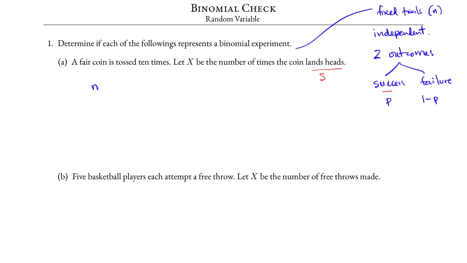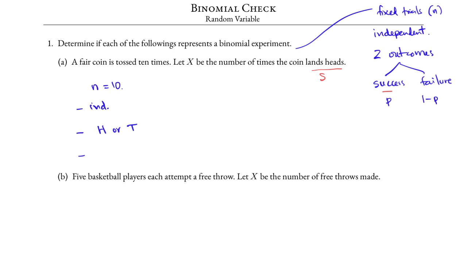Yes, we toss the coin 10 times, so n equals 10. This is fixed. Are they independent? Yes, they are independent because the coin tosses are independent. In each trial, are there only two outcomes? Yes, whether we get a head or a tail.